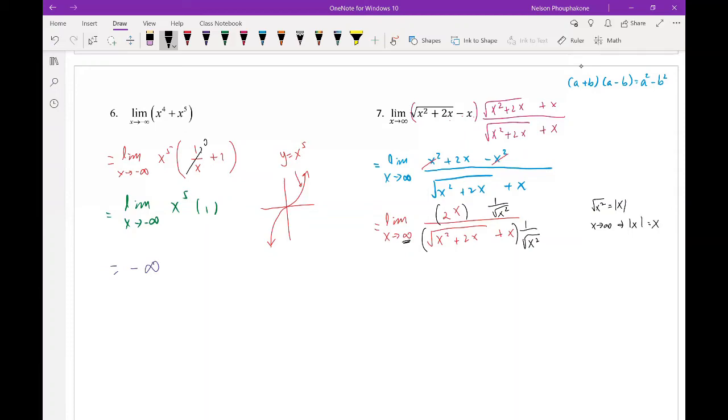So I will have the limit as x approaches infinity of 2x over x, all over the square root of x squared plus 2x over x squared, plus x over x.